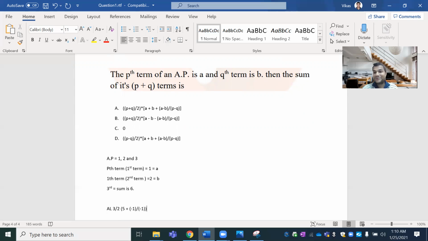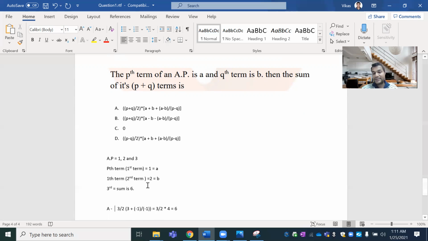What will be coming over here? 5 minus minus cancels, so it will become 3 by 2 multiplied by 6. A plus B is equal to 3. Sorry, so it will come 3 here, 3 plus this, so 3 plus 1 is equal to 4. Okay, so 4 by 2 is equal to 2, that means it becomes 6. This is my option A.